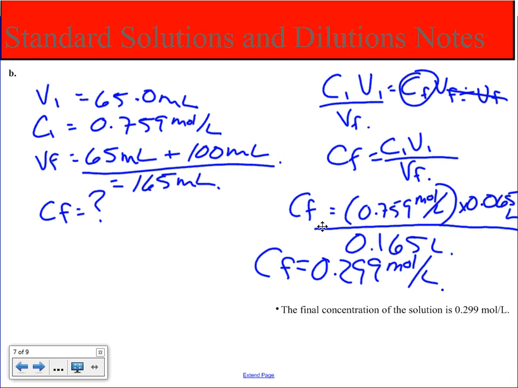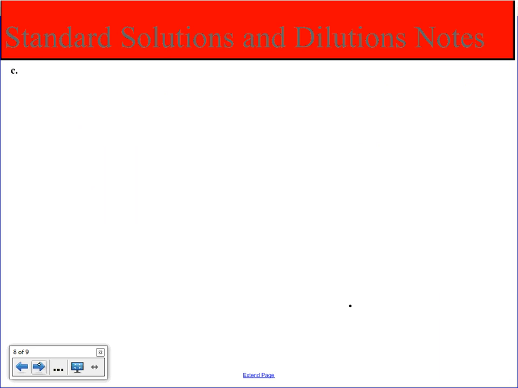So part C said, how much water do you need to add to the original solution to obtain a solution with a concentration of 0.200 moles per liter? Well, I still have the same volume initial of 65 milliliters. I still have the same initial concentration, 0.759 moles per liter.